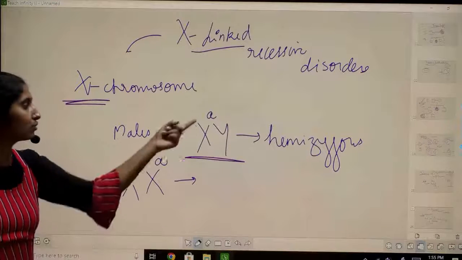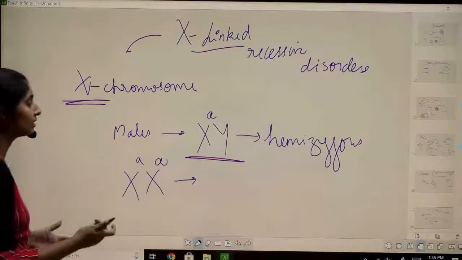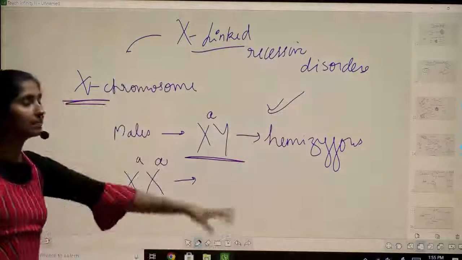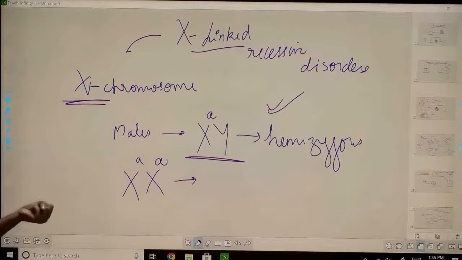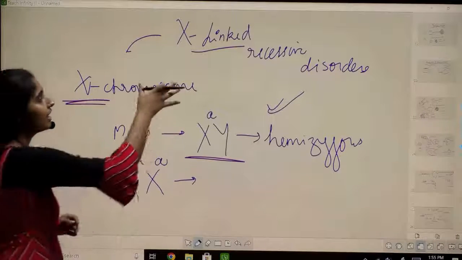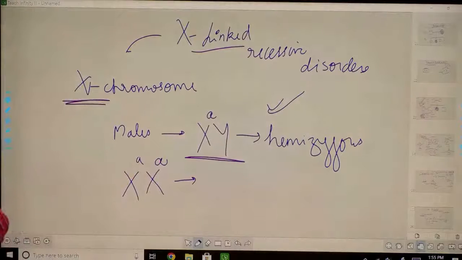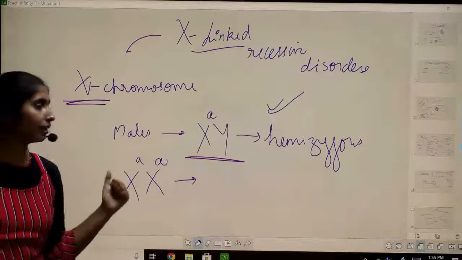As a result of this hemizygous condition, males are more often affected by X-linked recessive disorders. The chances of males getting affected by an X-linked recessive disorder are higher than those of females.